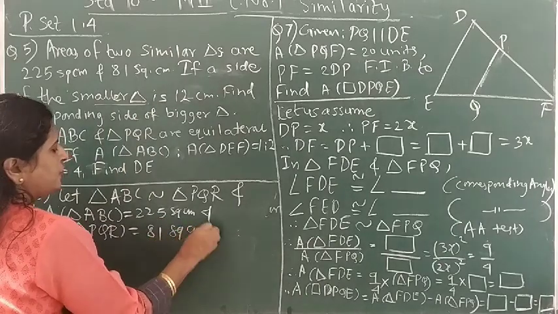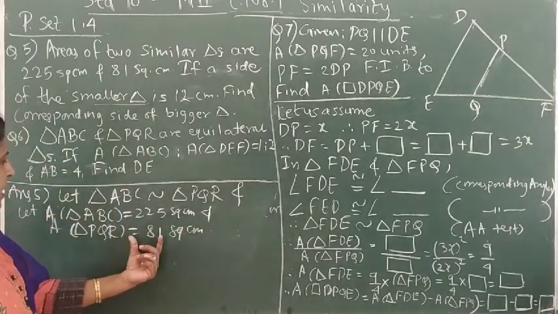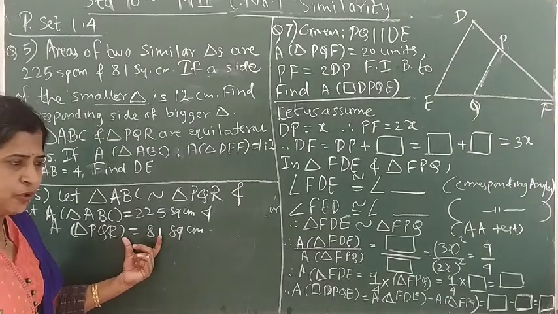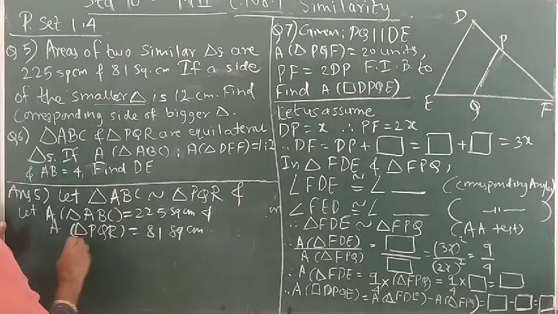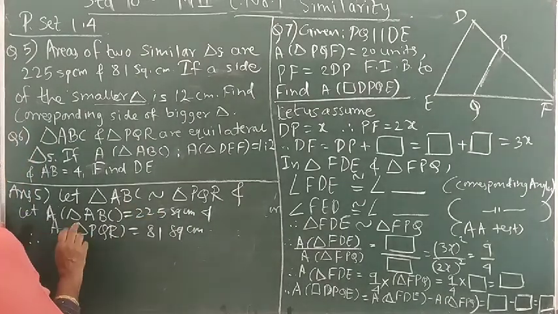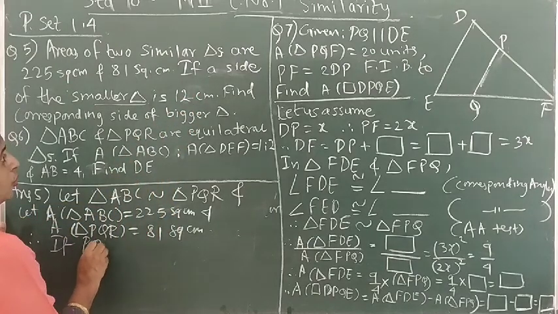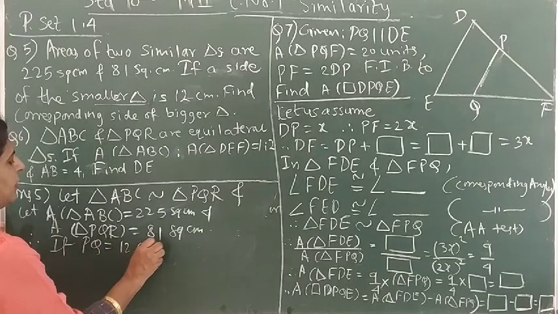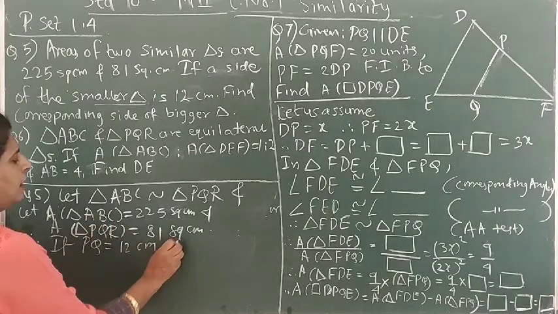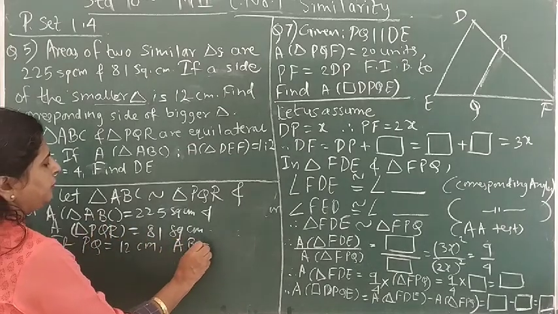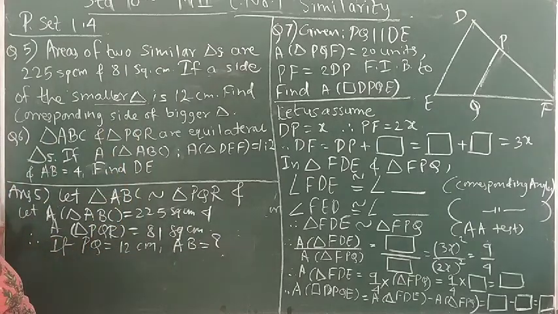Okay, so we are assuming this. It means the smaller triangle is PQR and the larger is ABC. Therefore, PQ we are taking as 12 centimeter, and we have to find its corresponding side AB. That's the question mark.